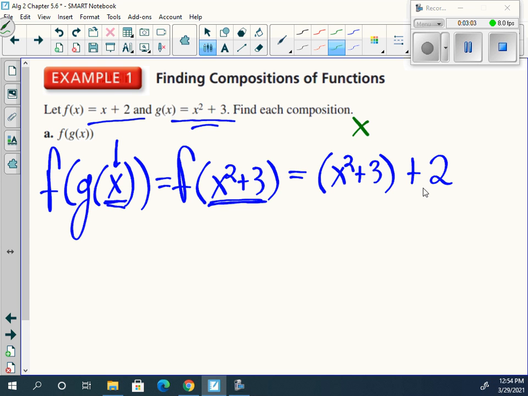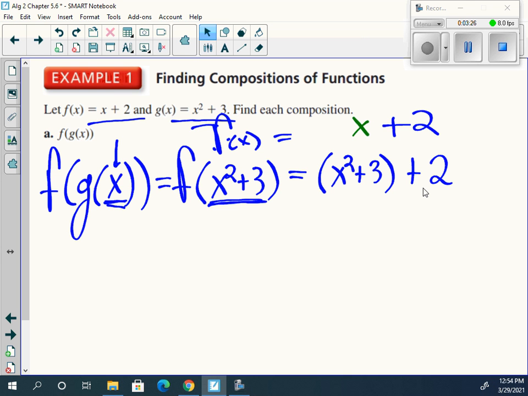Why is it not x plus 2? Because f of x would be equal to x plus 2, but we replaced x with x squared plus 3. Okay, I'm with you. And we get this here.